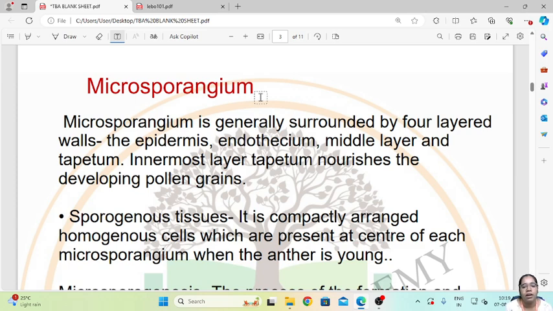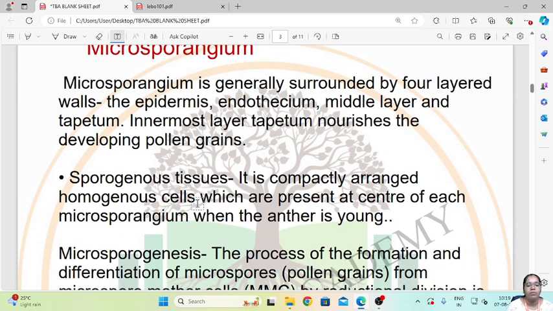The microsporangium is generally surrounded by a 4-layered wall: epidermis, endothecium, middle layer, and the tapetum. The innermost layer is called the sporogenous tissue. It is compactly arranged homogeneous cells which are present at the center of each microsporangium when the anther is young.